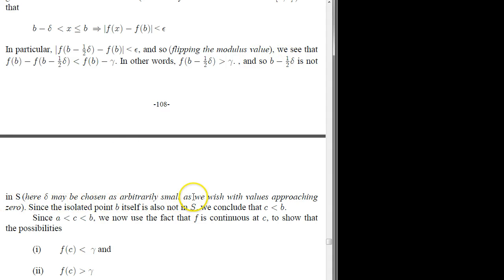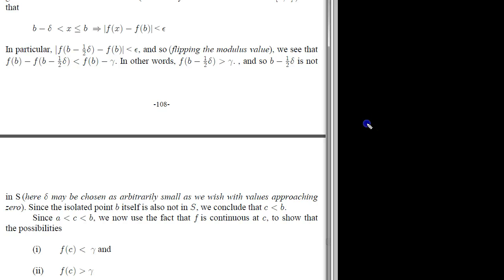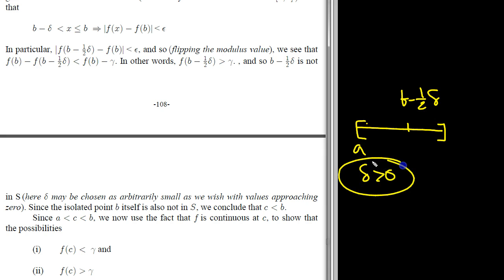So delta may be chosen arbitrarily small as we wish, with values approaching 0. So this B minus delta is a whole array of points that go right down towards B, from B minus half delta here. So here's A and B, and B minus half delta, say, is here. And that delta was greater than 0, wasn't it? But any smaller delta also. So any value along here towards B itself also satisfies what we've just said.